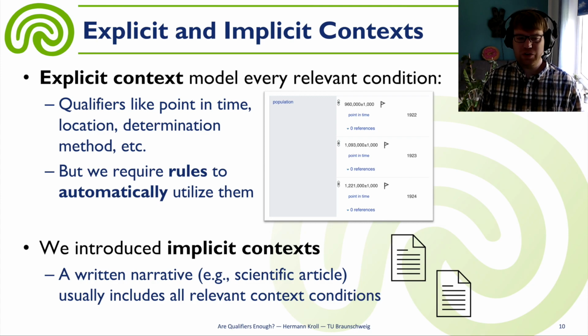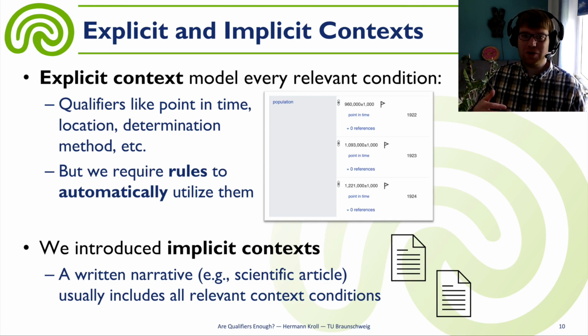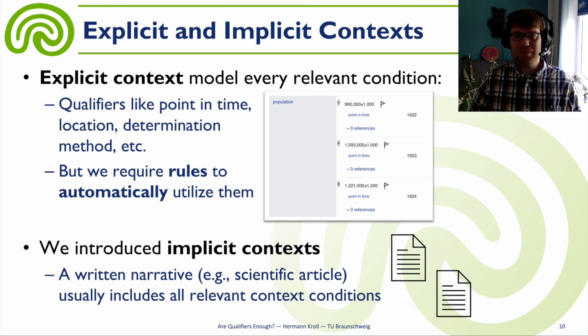On the other hand, we also need automated rules for how we should combine these contexts, right? So for time, it might be simple. Just say it must be valid in the same time. That means point in time must be equal, or intervals must overlap. This is one way, but if we see how many different qualifiers we have in Wikidata, think about how many rules we would need to combine them. So it's a very challenging approach.